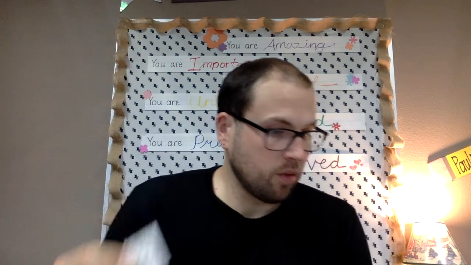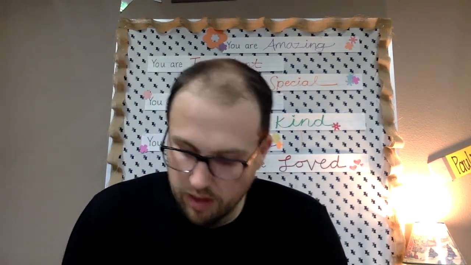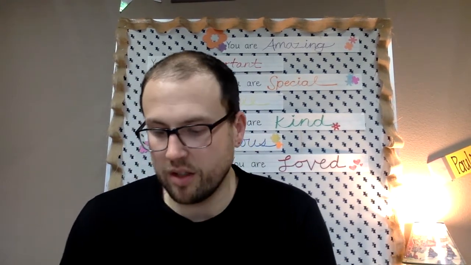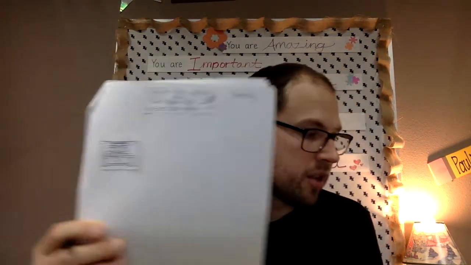Okay, looks like this. This is picture number 1, so you're going to glue that. And I always number mine just so that it's really clear. So there's 1. Peter looked out the window and saw that it had snowed.